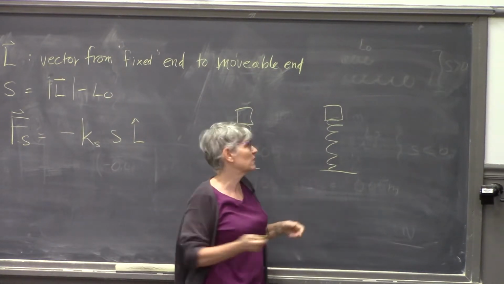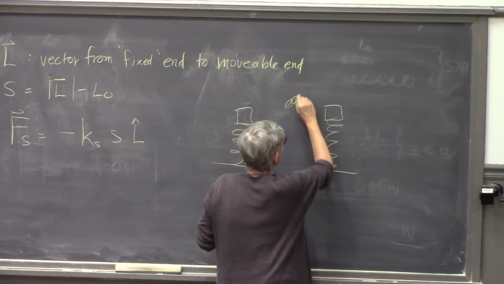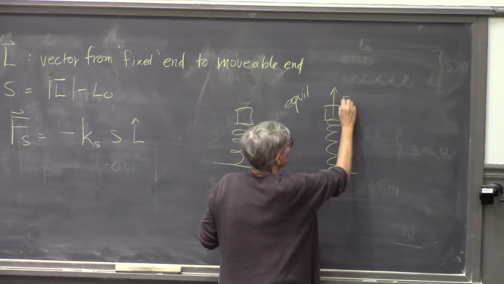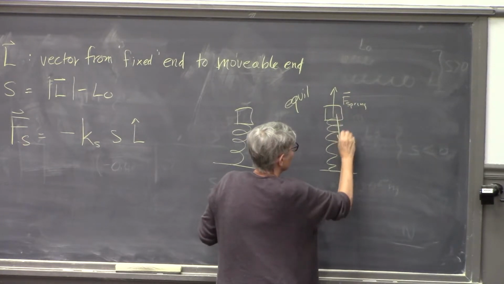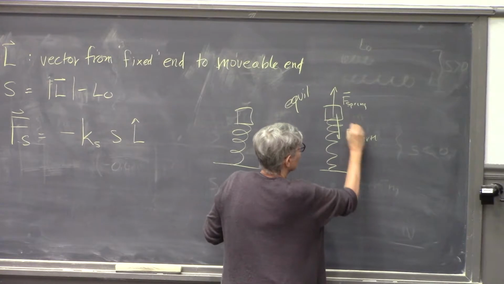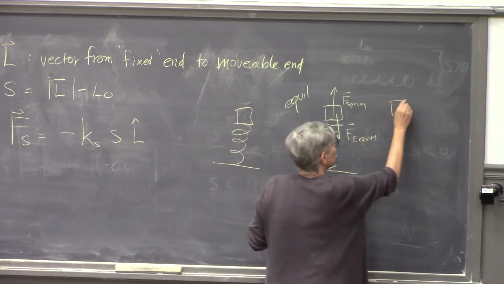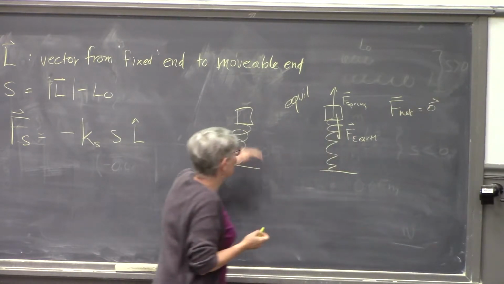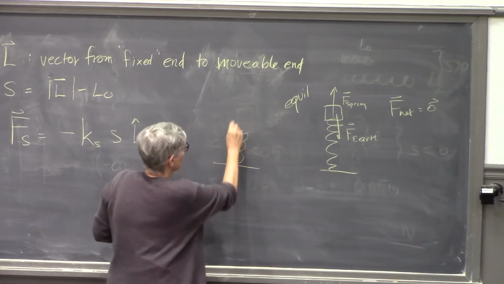So in this situation, at equilibrium, the force by the spring and the force by the earth have to be equal and opposite, right? So F net is 0. But now I push it down. You push it down with your hand.